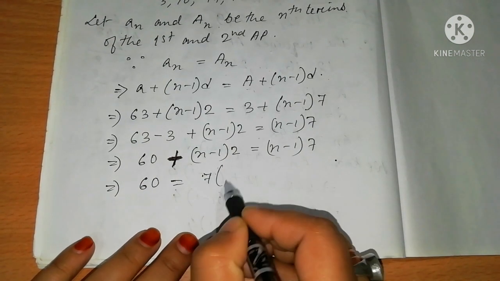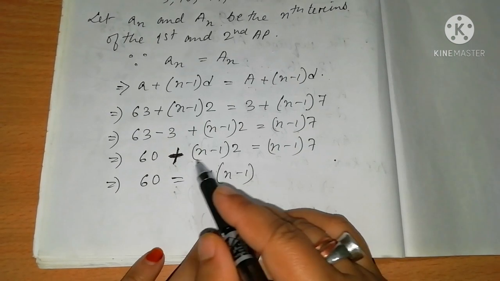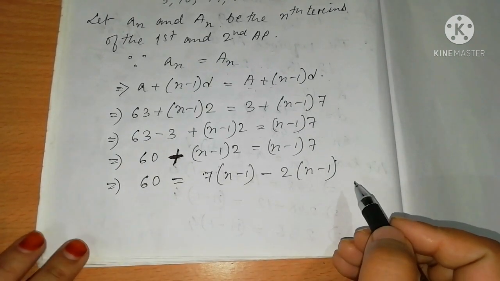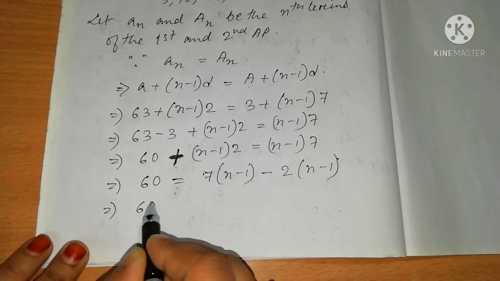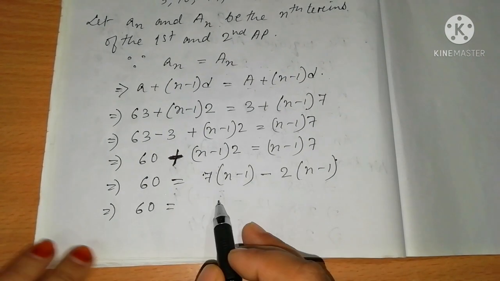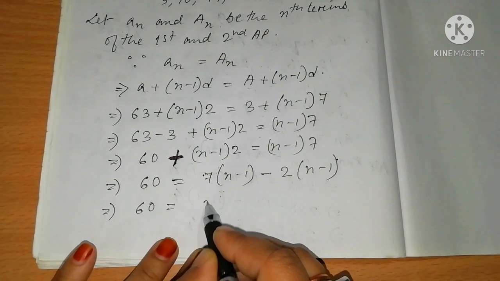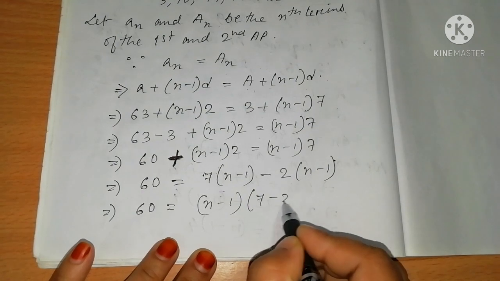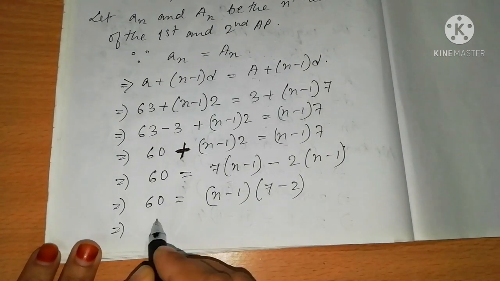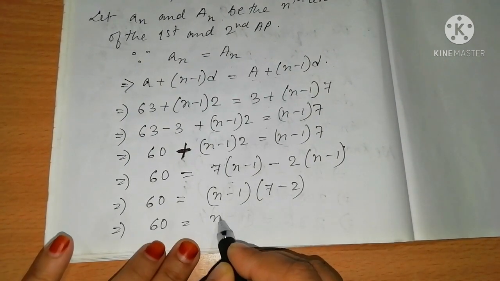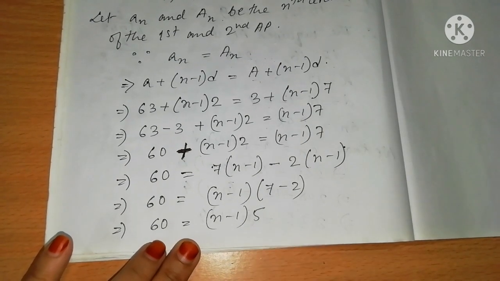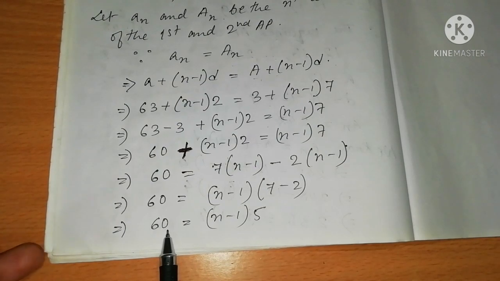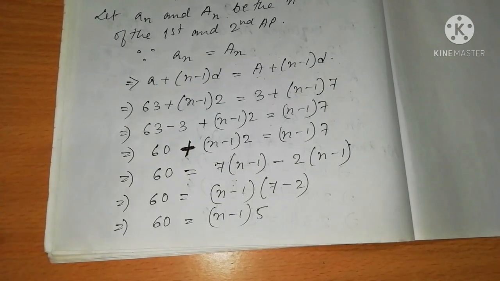So 7 n minus 1 minus 2 n minus 1. 60 equals, I can take n minus 1 as common, so within the bracket I write 7 minus 2. So 60 equals n minus 1 times 5, since 7 minus 2 is 5. So 5 is multiplied here. If we take it to the other side, it will be divided. So we can write 60 by 5.